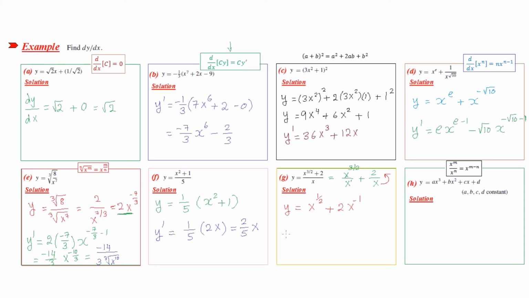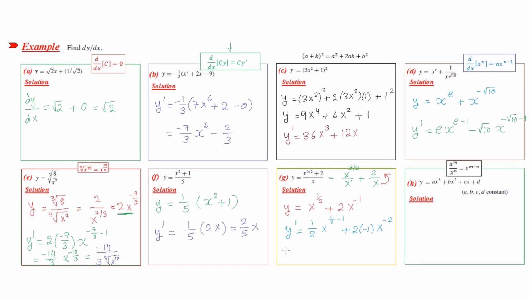So y prime equals, put 1 over 2 down, multiplied by x to the power 1 over 2 minus 1. And the same thing for the second term. We have plus 2, put the exponent down, multiplied by negative 1, x to the power minus 1, which is negative 2. As you know, 1 over 2 minus 1 equals minus 1 over 2.